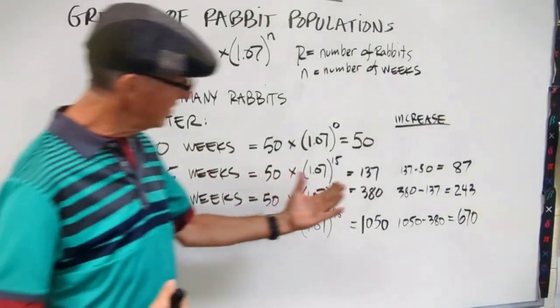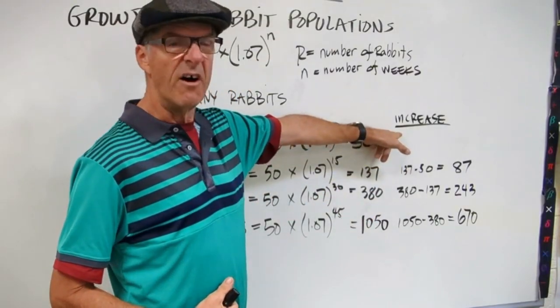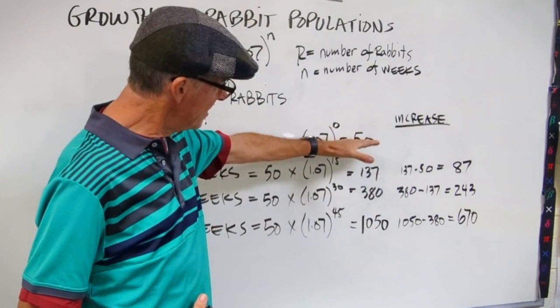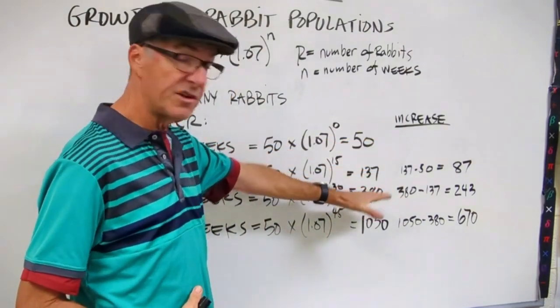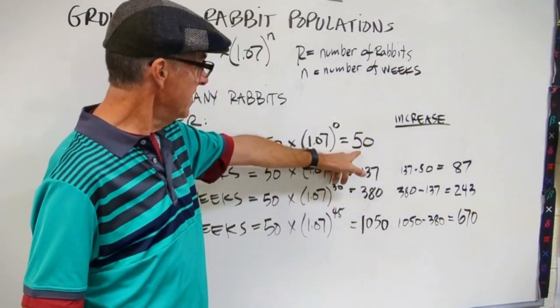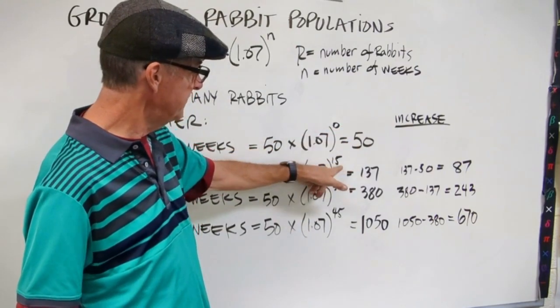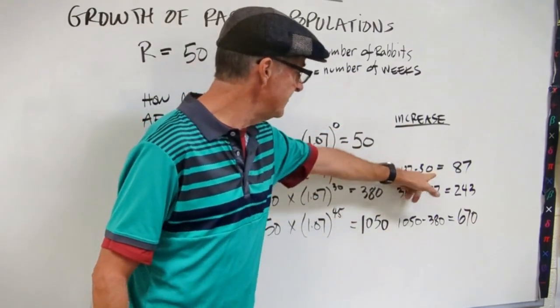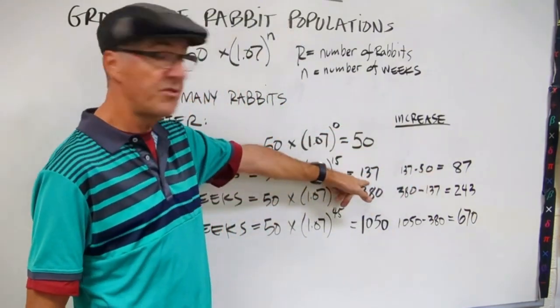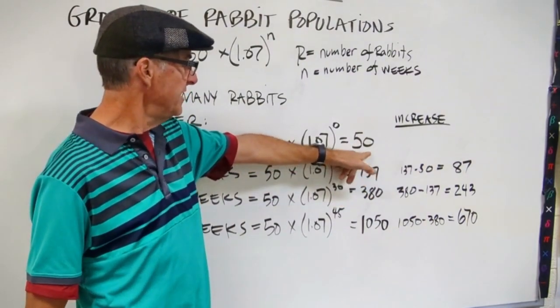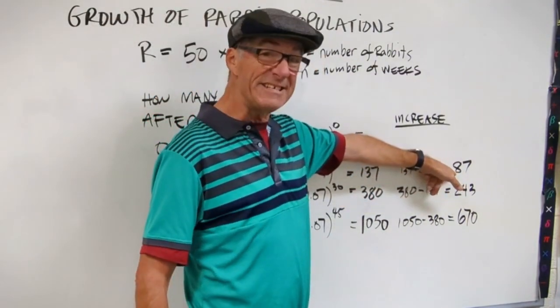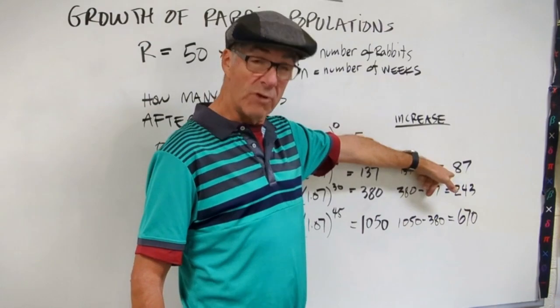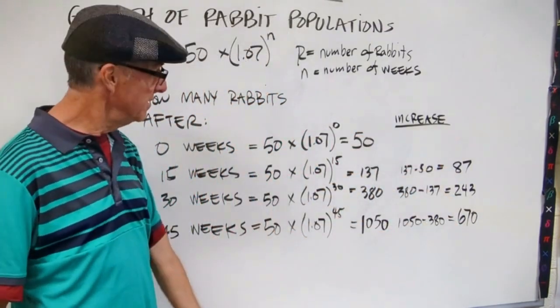All right, check this out. I'm going to go over here and take a look. I made a new column for increase. So how much is it increasing by each 15 weeks? So in the first interval, going from 0 to 15 weeks, I get 137 minus our starting number. We had 137 at the end, so minus 50. We grew by 87 rabbits in 15 weeks.